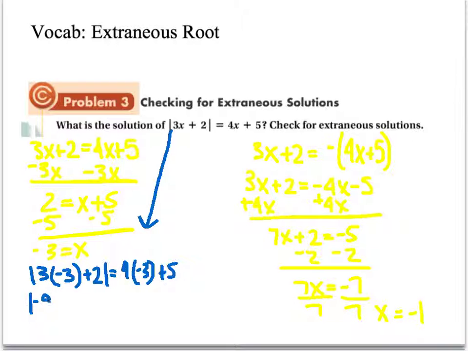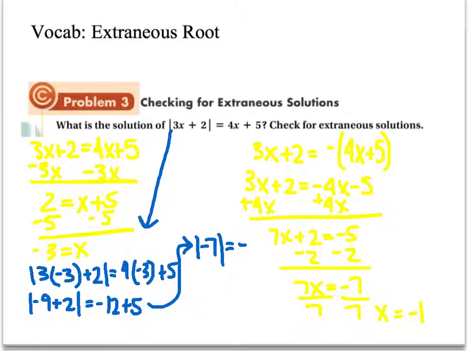The absolute value of -9 plus 2 equals -12 plus 5. And so the absolute value of -7 equals -7.